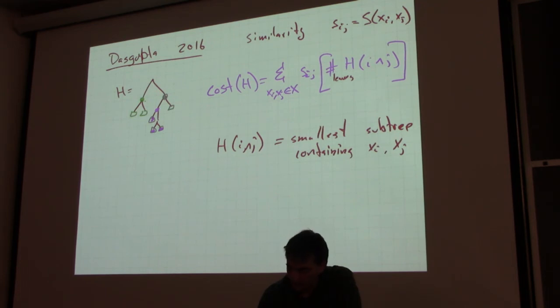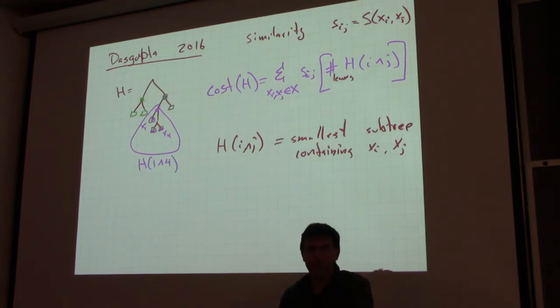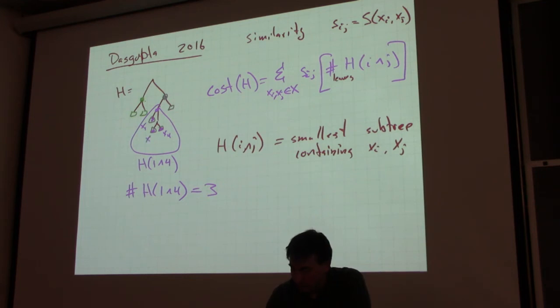Okay, so let me say if I have x1 and x4, then this pink subtree is hierarchy 1 intersection 4. And the number h1 intersection 4 is equal to 3, because there's also x5 here.